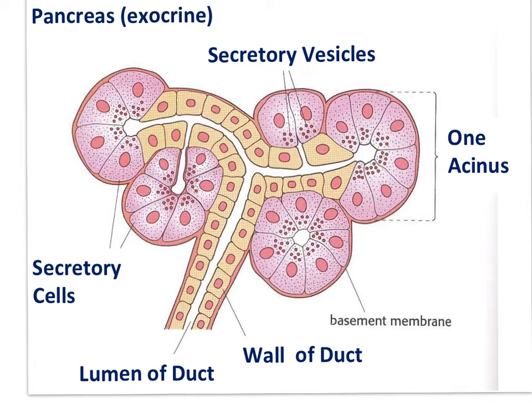You can see the Golgi vesicles preparing to release the enzymes into the duct leading to the small intestine. The clustering of cells around a duct is called an acinus, and it provides a wonderful example of a form-function relationship. Remember, the duct takes enzymes to the lumen of the small intestine.